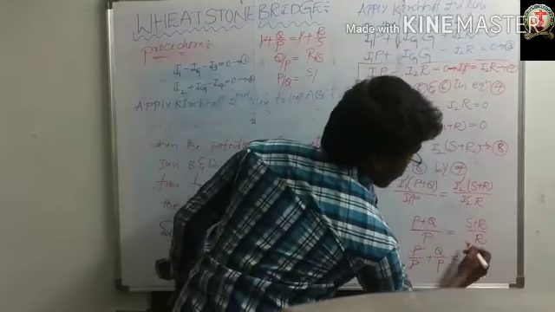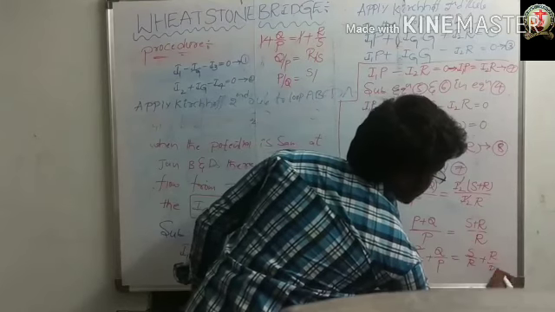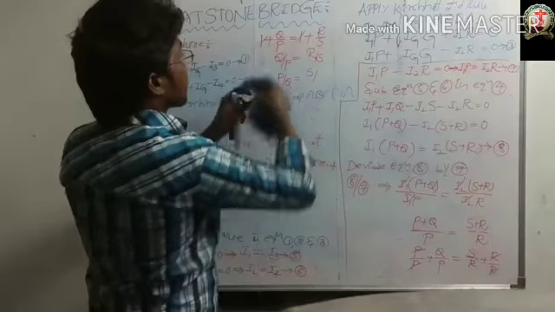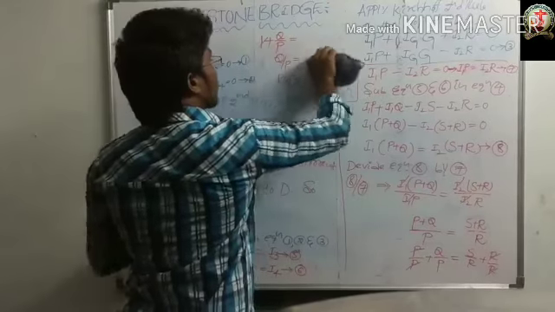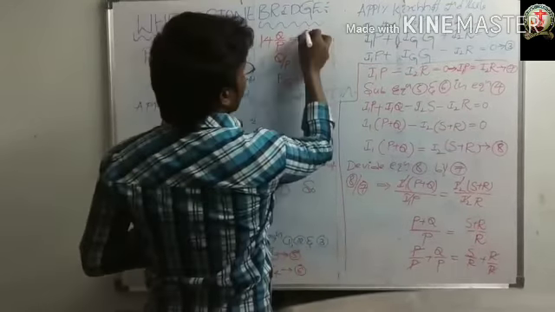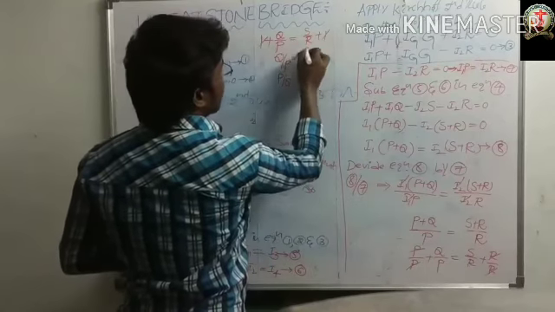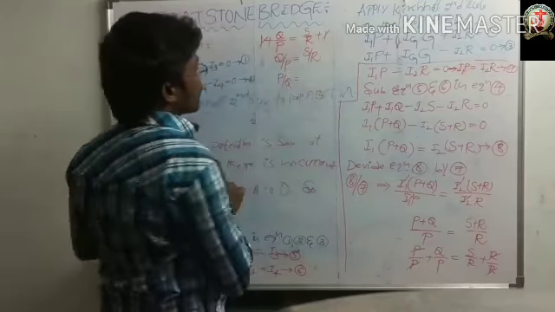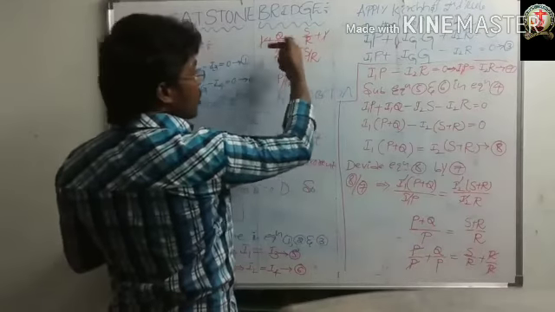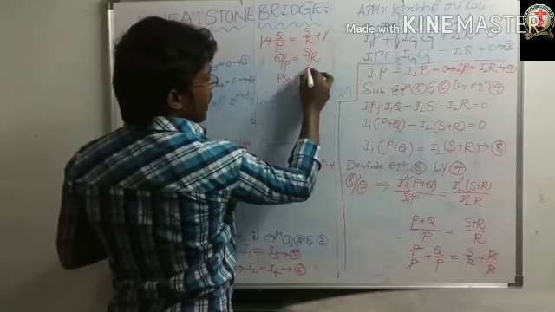So S by R plus R by R. Here R cancel. S by R plus 1. So this one and this one cancel. Remaining term is S by R. Now I am interchanging the terms on both sides. So P by Q is equal to R by S.